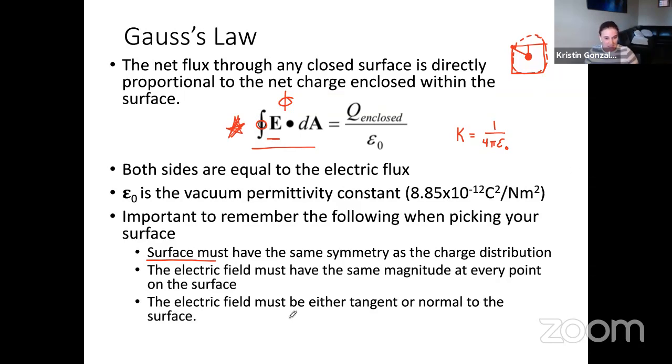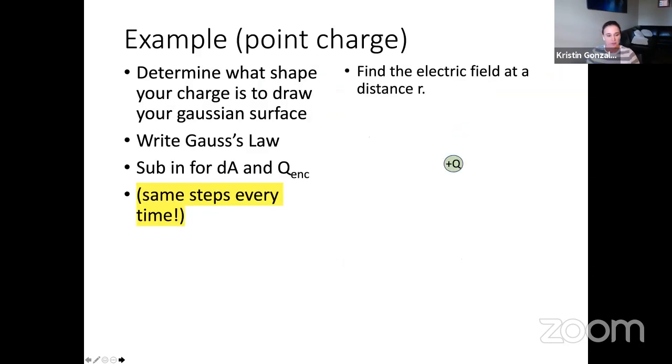And the last thing is the electric field must be tangent or normal to the surface. We don't want to be dealing with angles and things like that. So we choose that symmetry that's the same as our charge, so it becomes easy for us to solve for the electric field. Even though it's an integral, if you are choosing your Gaussian surface right and applying Gauss's law right, you will never have to do any calculus. Sometimes maybe for the charge, but not for actually Gauss's law.